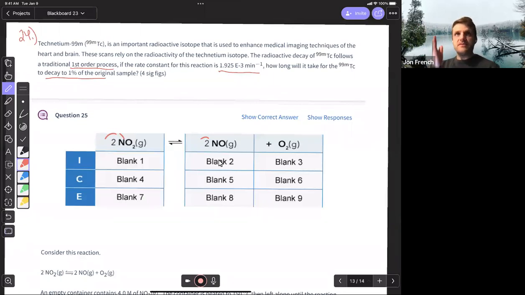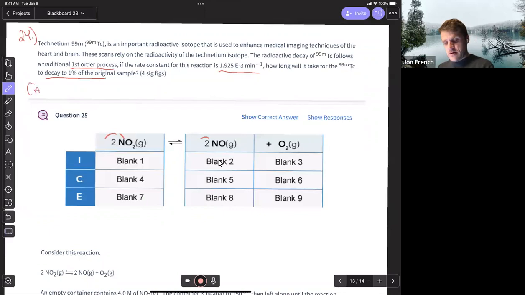So now we don't have a nice half-life number. Now we have to do the integrated rate law for a first order reaction because we know it's a first order decomposition, right? Or first order decay. So natural log of concentration at time t equals negative kt plus the natural log of A at time 0.